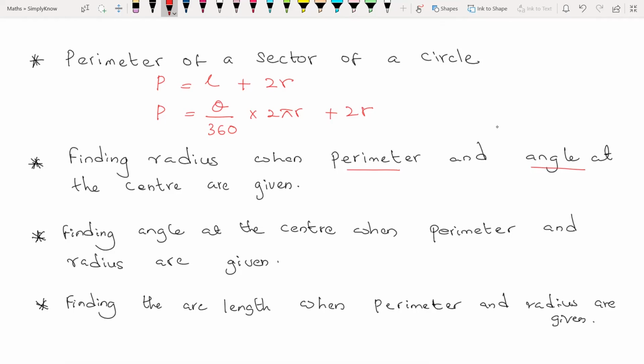So likewise, we learn to find the angle at the center when perimeter and radius are given. And also we found the arc length when perimeter and radius are given. So I hope you understood how to solve simple questions related to perimeter of a sector of a circle.